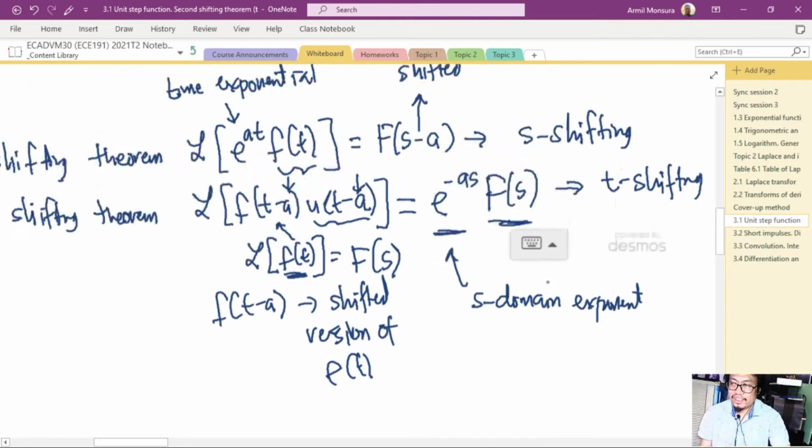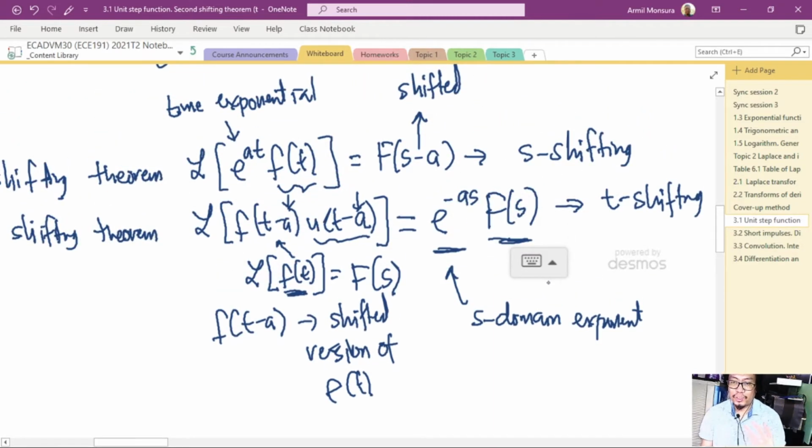So you can see the duality of the first and the second shifting theorem. If the shifting happens in the S domain, the time domain signal gets multiplied by a time domain exponential. While if the shifting happens in the t domain, the function in the S domain gets multiplied by an S domain exponential.